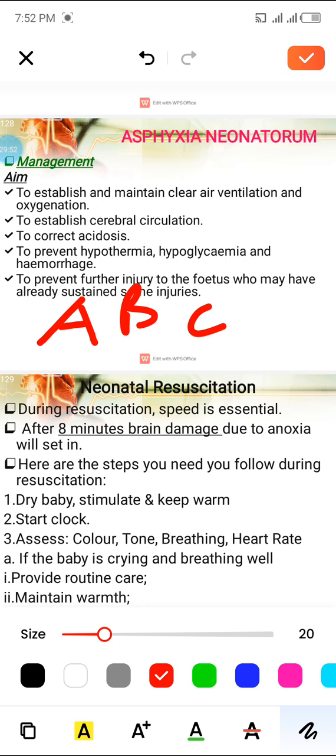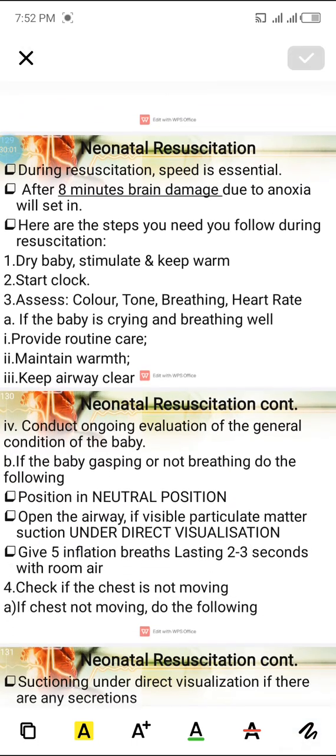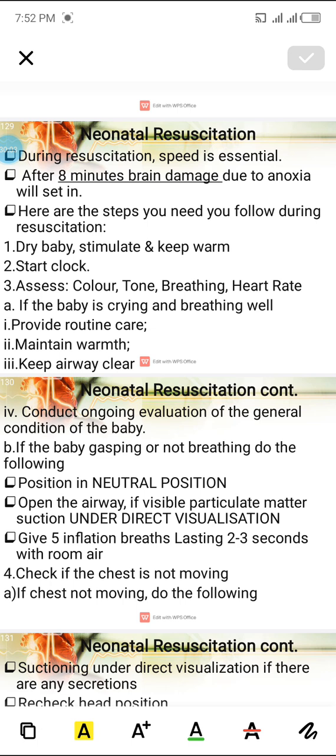But if you discover that they've put 30 marks on resuscitation, you have to write it the way it is in my notes. So you need to go into the steps.